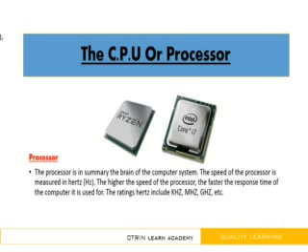You see CPU of maybe 1.5 gigahertz or CPU of 766 megahertz. So that should give an idea of how fast or slow the computer will be.